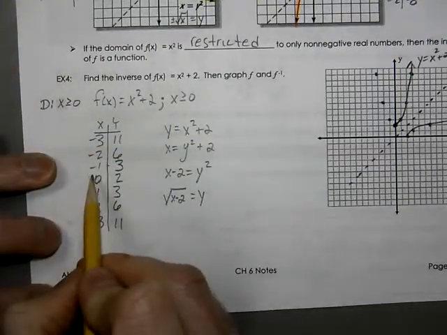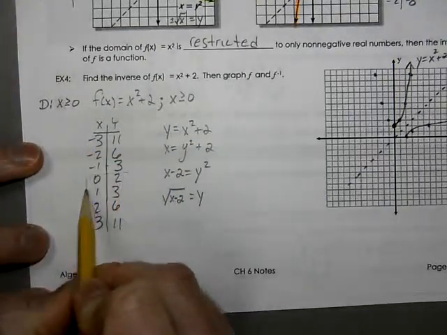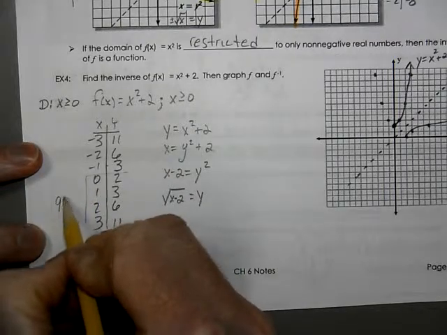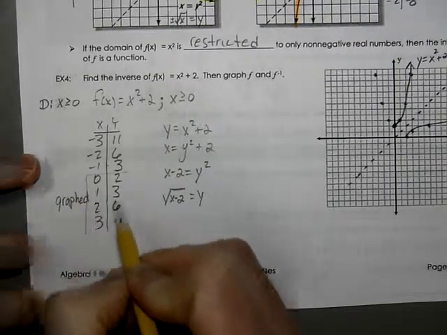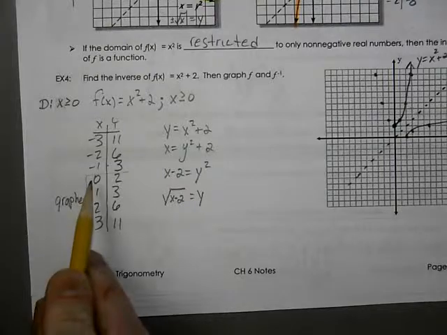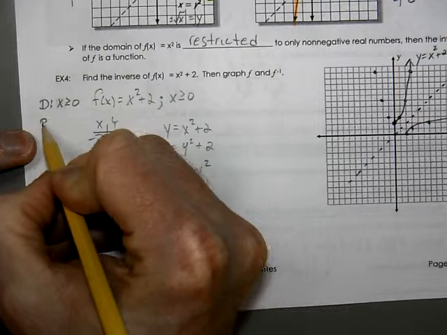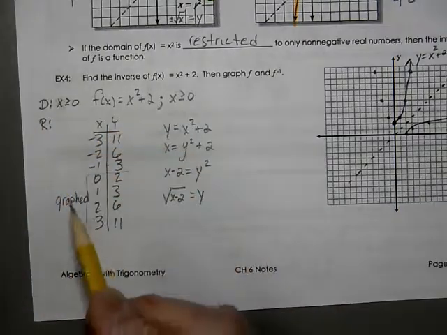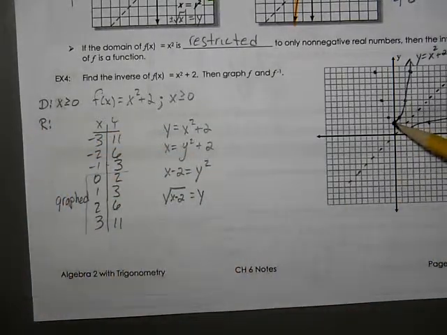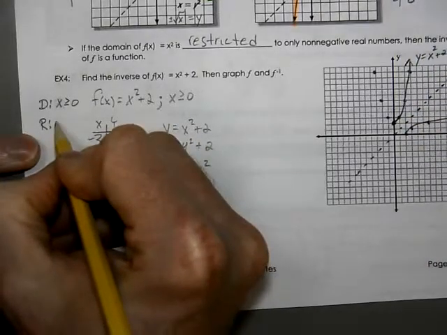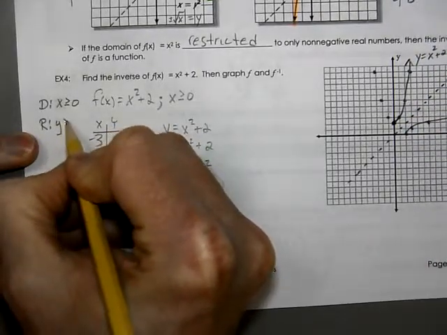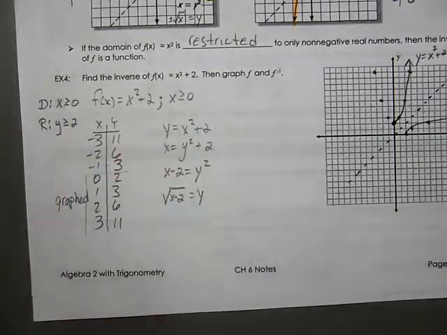The only ones that we graphed were those where x was 0, 1, 2, or 3. Our range during this portion was up here at 2, and it went up from there. So it's the y values being greater than or equal to 2.